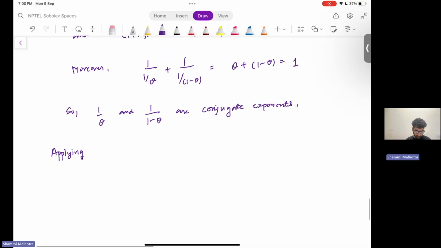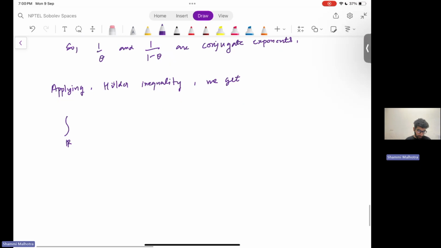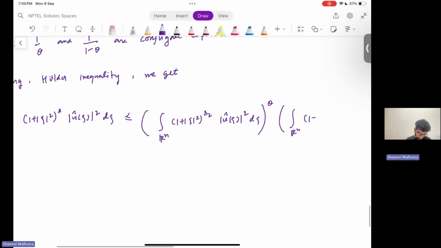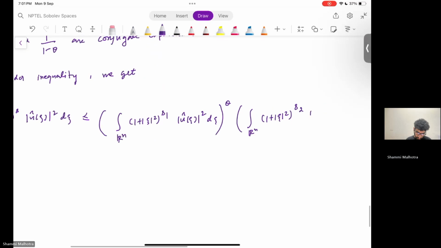Applying Hölder's inequality, we get the integral over R^n of (1 plus |xi|^2)^s |u hat(xi)|^2 d xi is less than or equal to the integral over R^n of (1 plus |xi|^2)^s1 |u hat(xi)|^2 d xi to the power theta, into the integral over R^n of (1 plus |xi|^2)^s2 |u hat(xi)|^2 d xi to the power 1 minus theta.